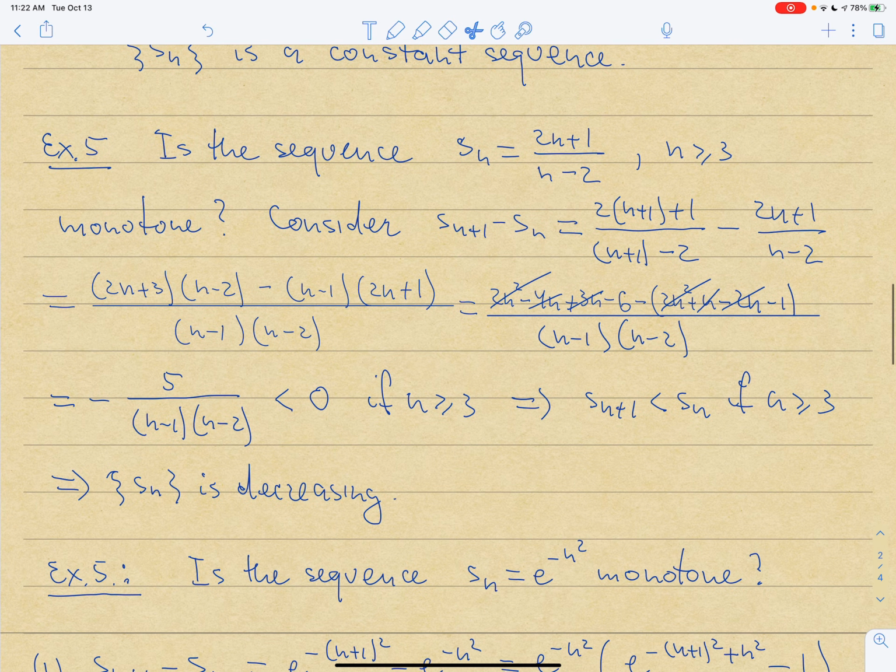In example 5, 2n plus 1 over n minus 2, we proved that the sequence is decreasing, right? So it's getting smaller and smaller. And because n is greater or equal than 3, numerator is always positive, denominator is always positive. So that means that Sn is bounded from below by 0, right?